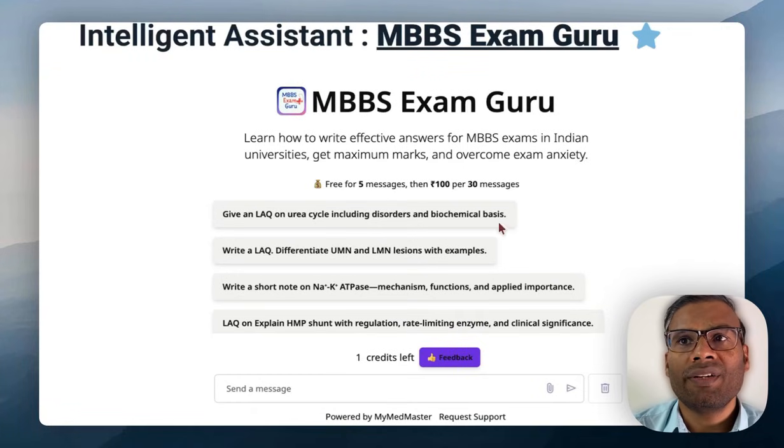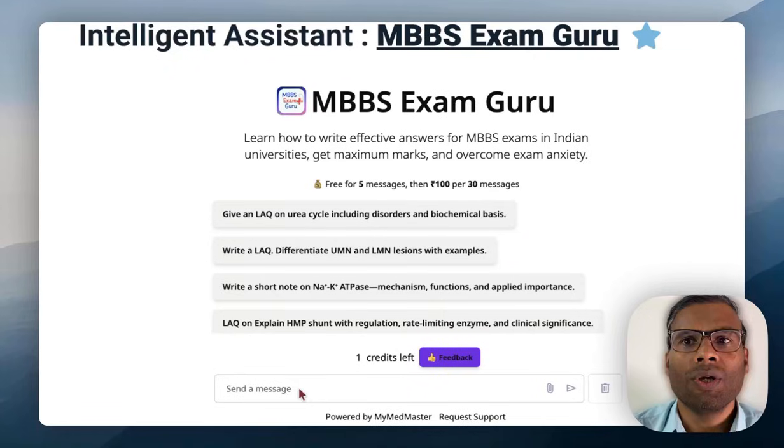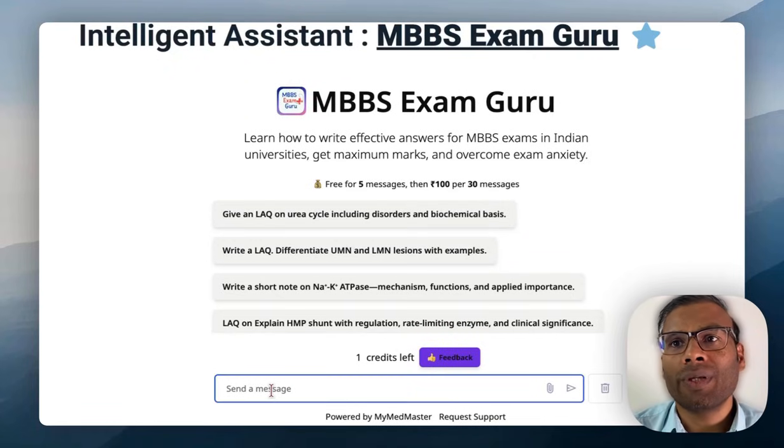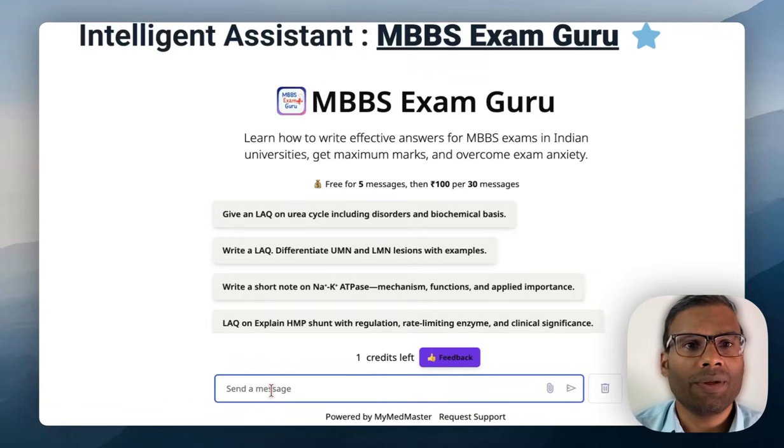So first in the interface, you will see there are some sample questions given. These are real MBBS style questions. You can click on that, or you can ask any questions. For example, you can ask LAQ, SAQ, BAQ.